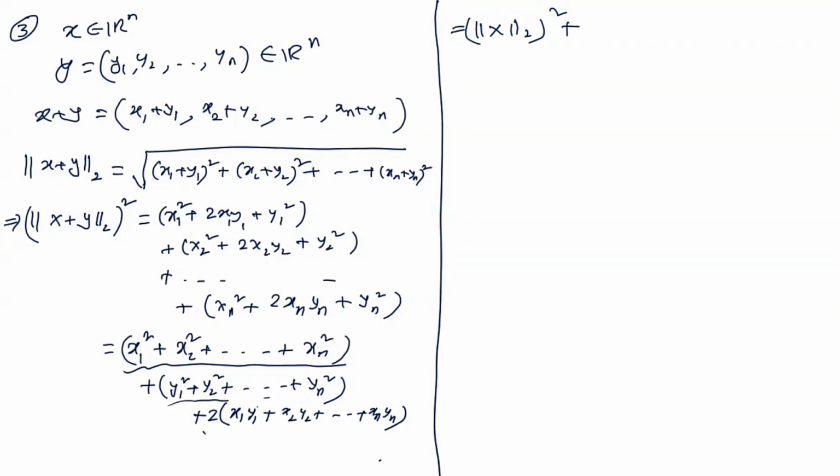The second part, that is this term, is nothing but the norm of y whole square. And the third part we can write as plus 2 times the inner product of x and y.